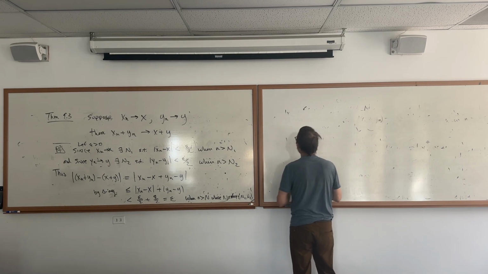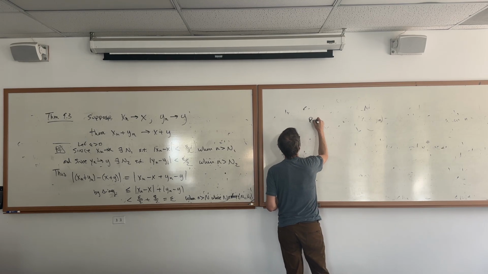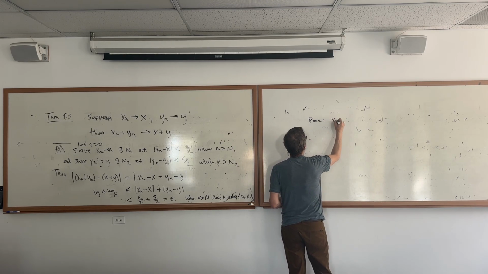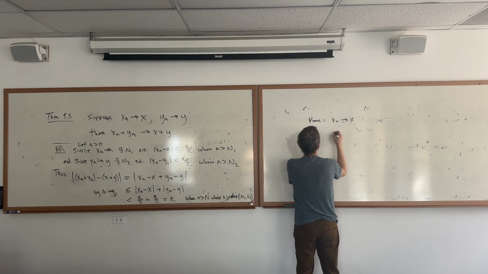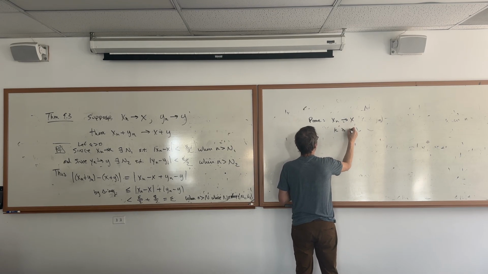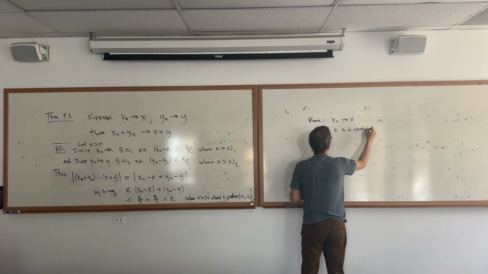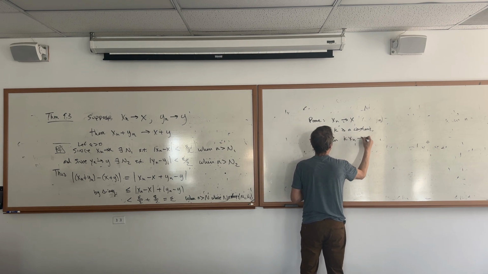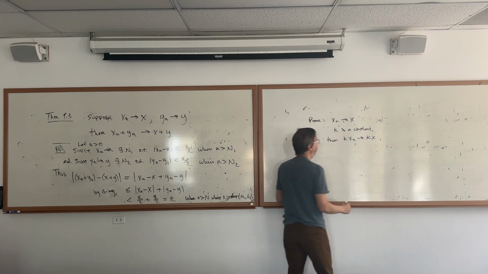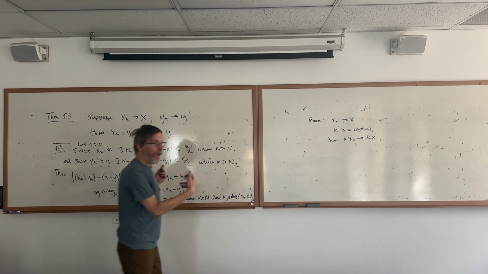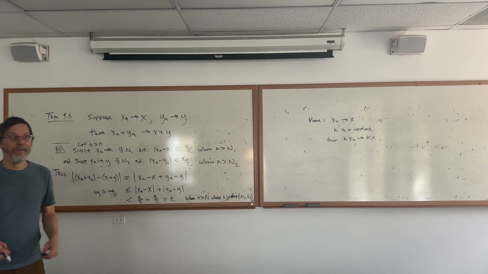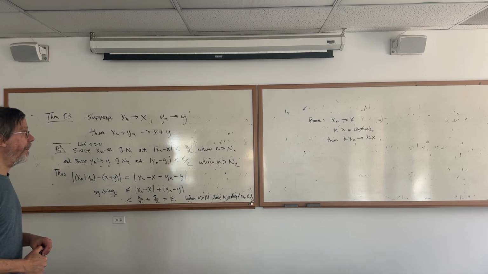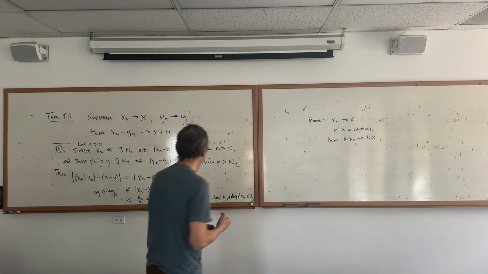But what I'd like you to try to prove is this. Prove that if x sub n converges to x, and k is a constant, then k times x sub n converges to k times x. Very similar to that last part of that last proof.